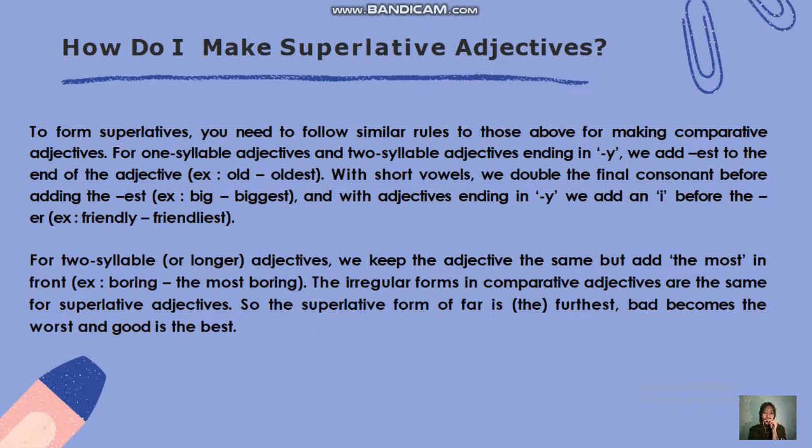And with adjectives ending in "y", we add an "i" before the "est". Example: friendly, friendliest. For three-syllable or longer adjectives, we keep the adjective the same but add the most in front. Example: boring, the most boring. The irregular forms in comparative adjectives are the same for superlative adjectives, so the superlative form of far is the furthest, bad becomes the worst and good is the best.